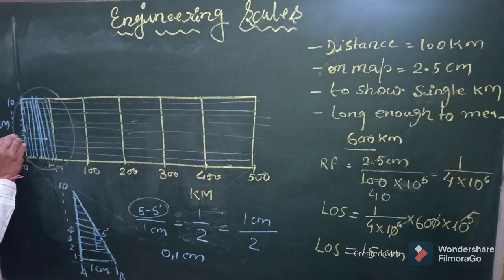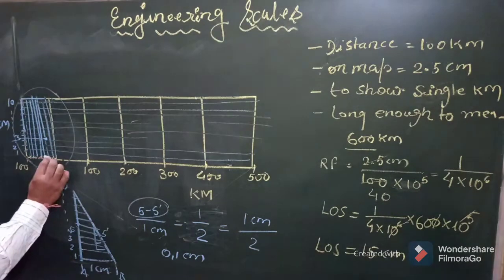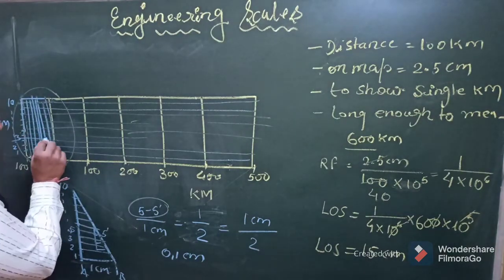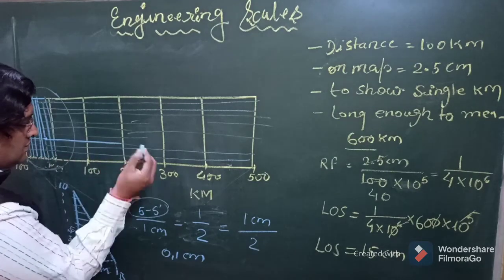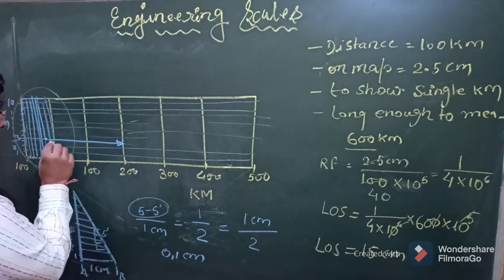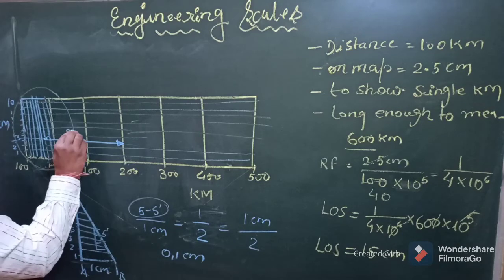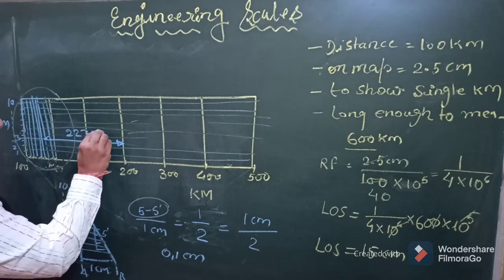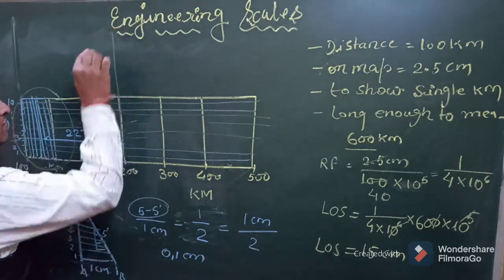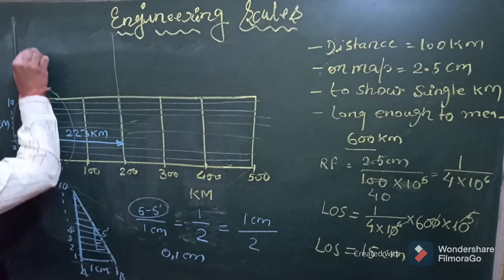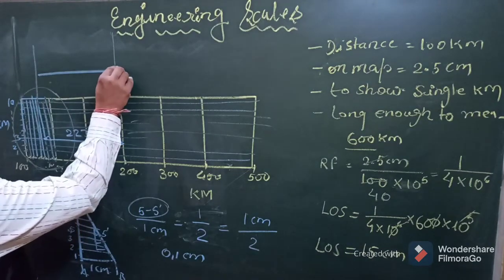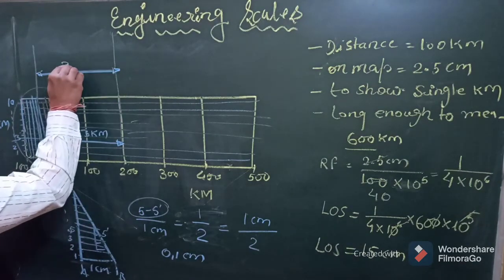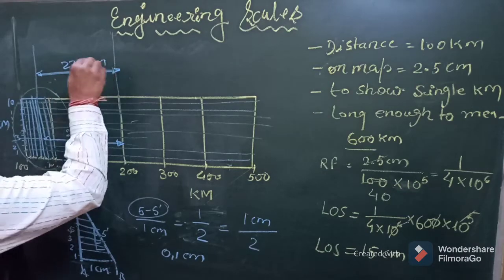Up to third point you have to go on this diagonal line, and this will be the distance 223 kilometer, which can be shown by taking extension line also, or directly on the scale itself.